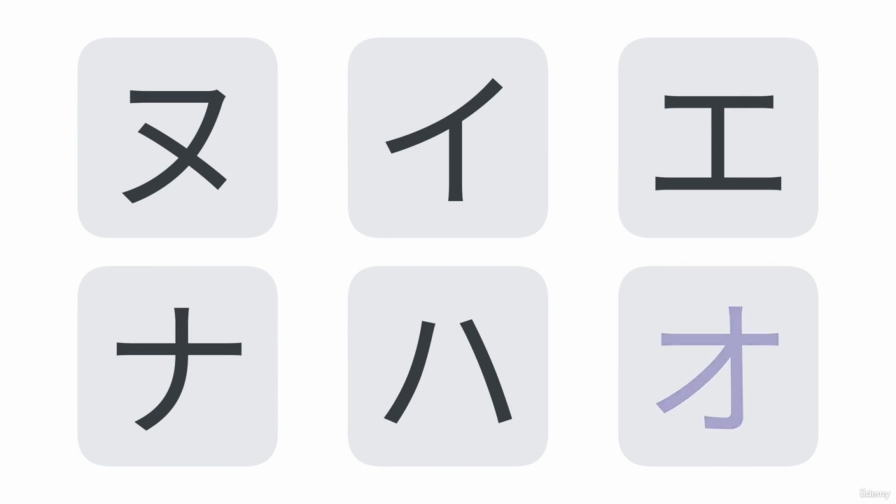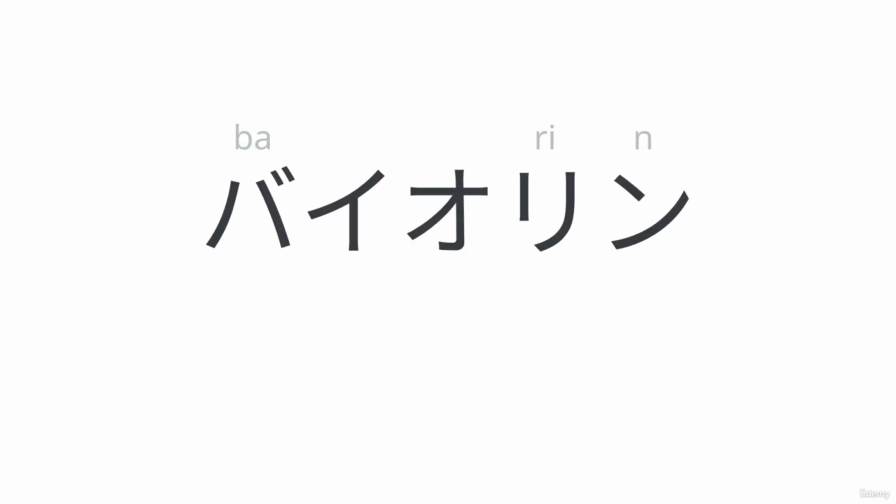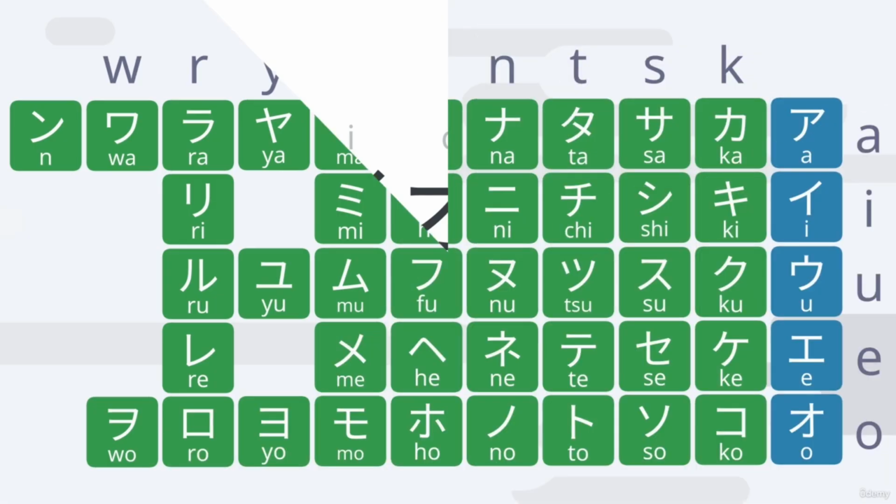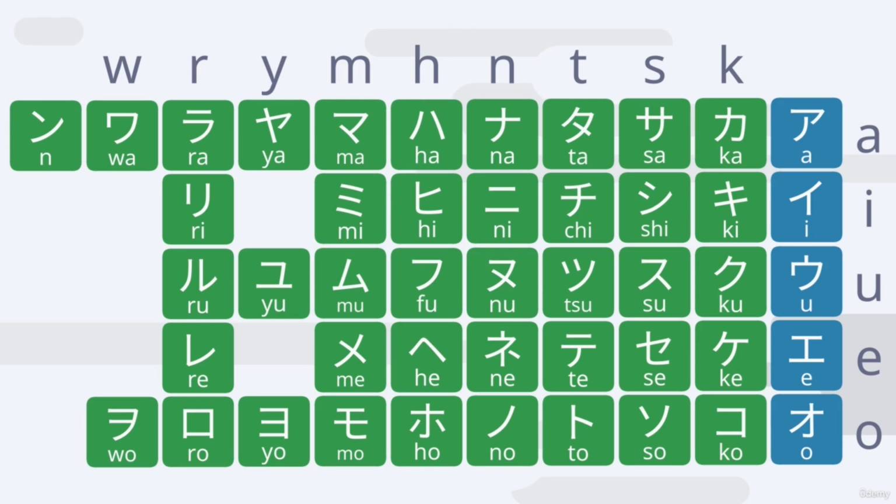O. Violin. We learned the characters A, I, U, E, O. In the next lesson, we'll learn the characters ka, ki, ku, ke, ko.